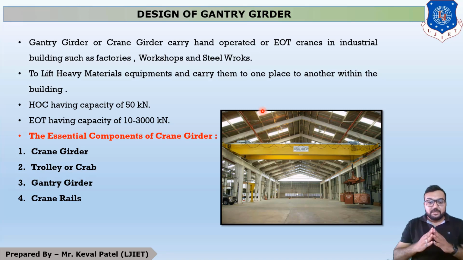Basically, you all know that the gantry girder, also called a crane girder, is useful in industrial buildings in which we have to move heavy machineries or heavy loads and transfer them from one place to another. You can see that the gantry girder or crane girder carries hand operated cranes.